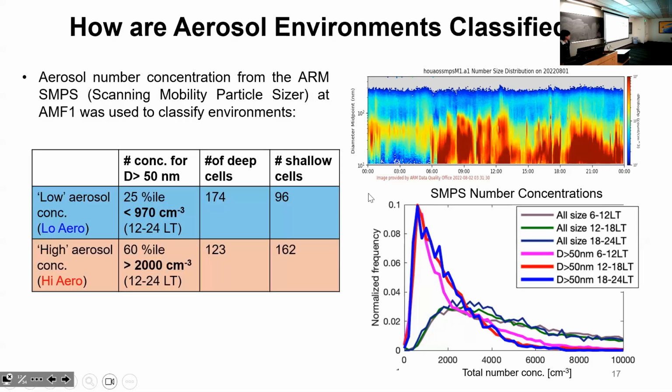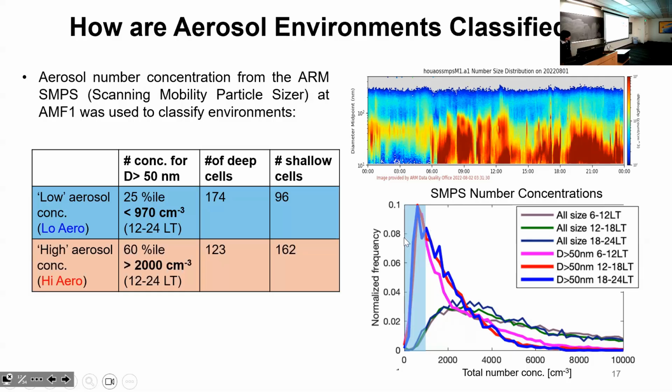This is the classification result. We classified the low aerosol environment as number concentration less than 970, which corresponds to the 25th percentile in the frequency distribution.